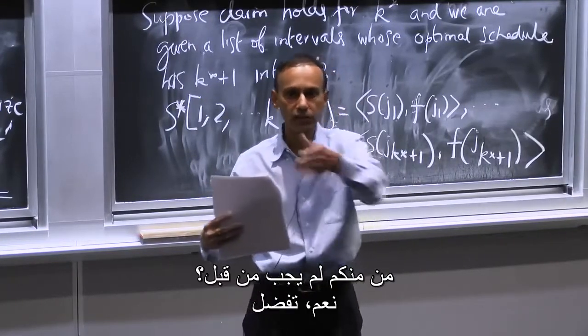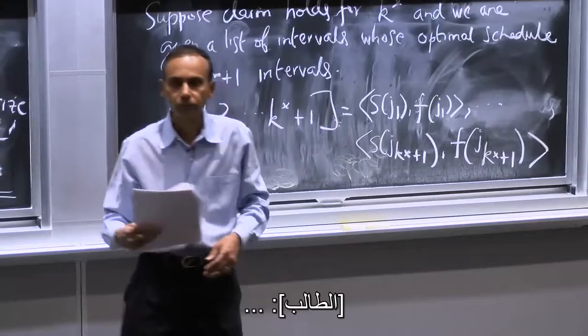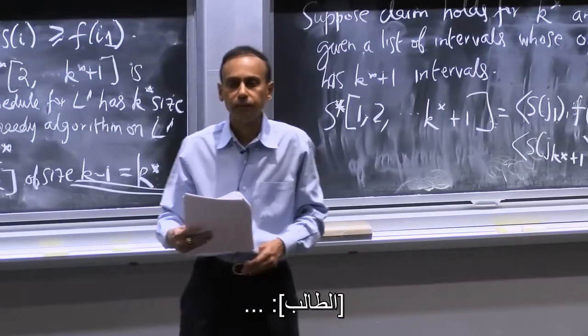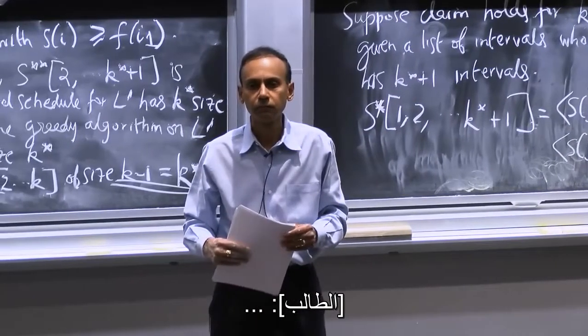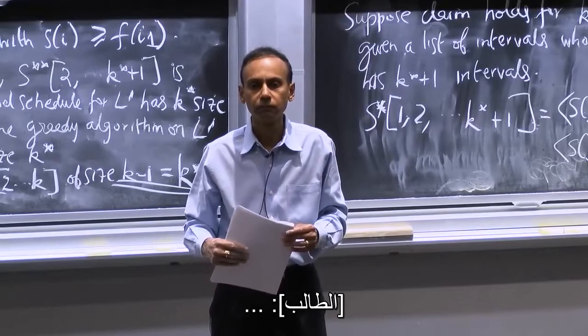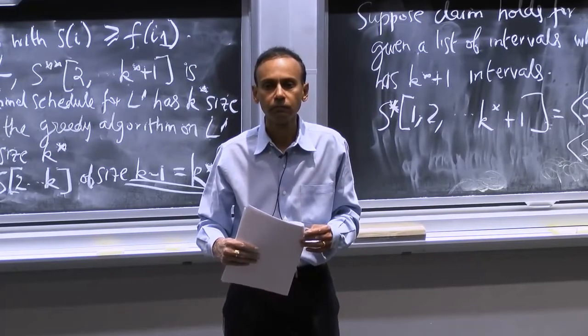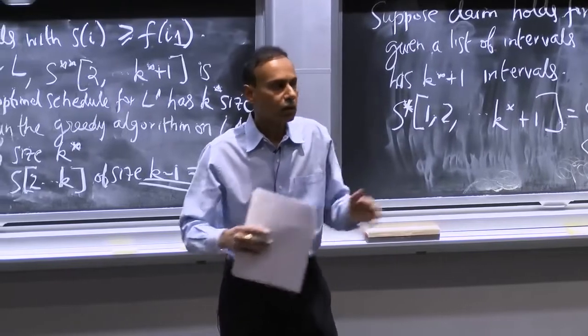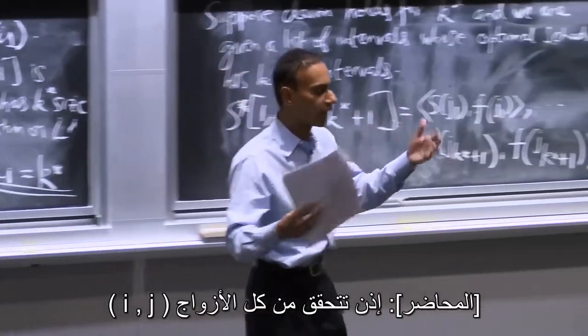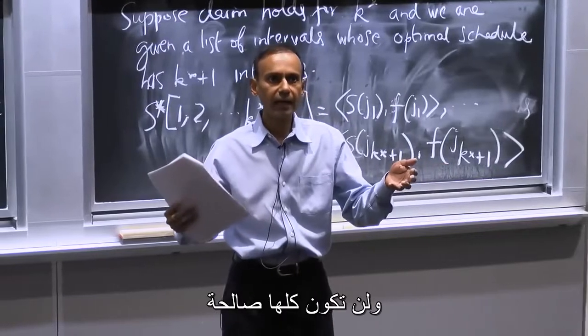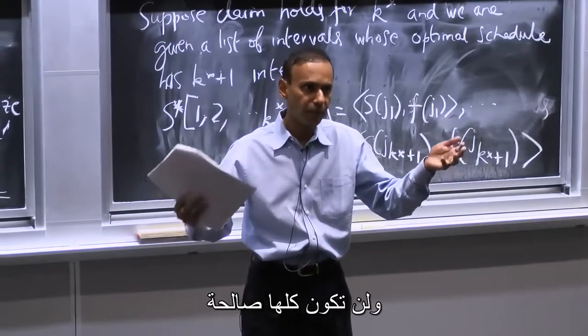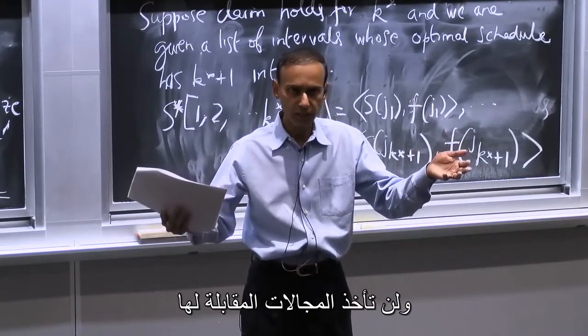So someone who hasn't answered, yeah, go ahead. So you're looking at every pair of i's and j's, well, not all of them are going to be valid. There won't be intervals associated with that, right?